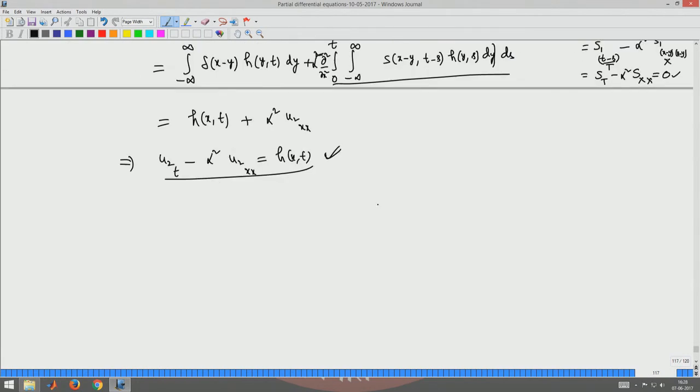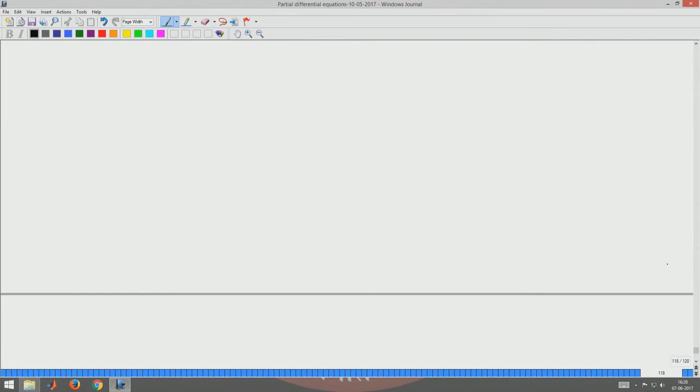So, once you know this u2, you can write your solution of the non-homogeneous equation with the initial data f of x as u1 plus u2. So, u of x, t satisfies u_t minus alpha square u_xx equal to, sorry, this should be h of x, t, the non-homogeneous equation, for x belongs to R, t positive, and u at x, 0 equal to f of x. Here u1 is the solution of the homogeneous equation with the initial data f of x.